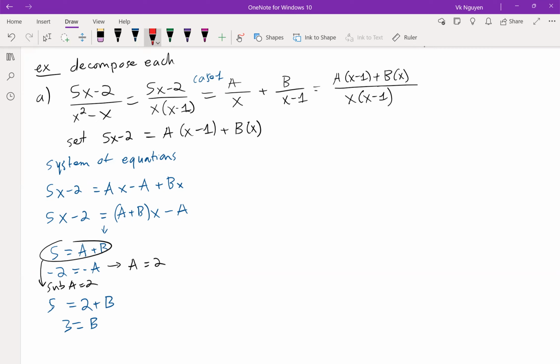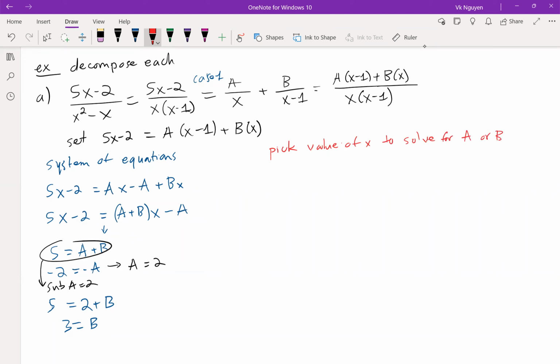Another way to solve for this is we just pick a value of x, so we can get rid of either a or b. Pick a value of x to solve for a or b.